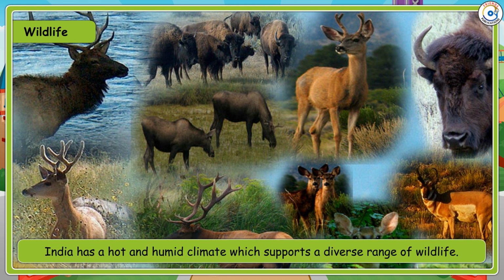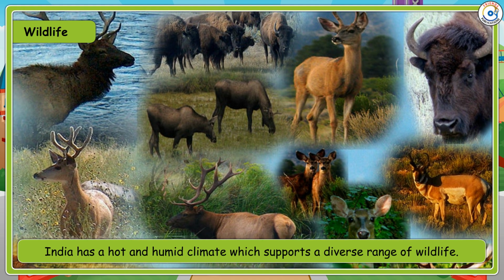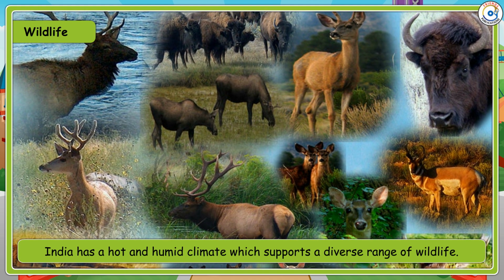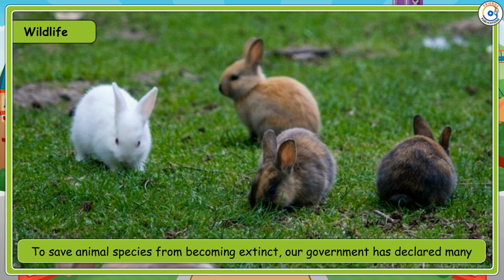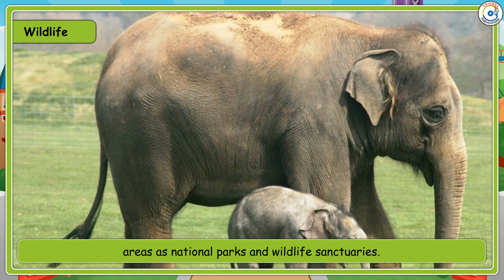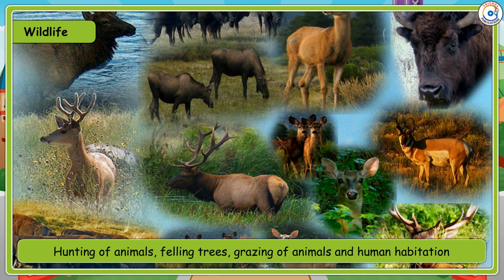Wildlife. India has a hot and humid climate which supports a diverse range of wildlife. But due to deforestation and poaching, our rich wildlife is threatened. To save animal species from becoming extinct, our government has declared many areas as national parks and wildlife sanctuaries.